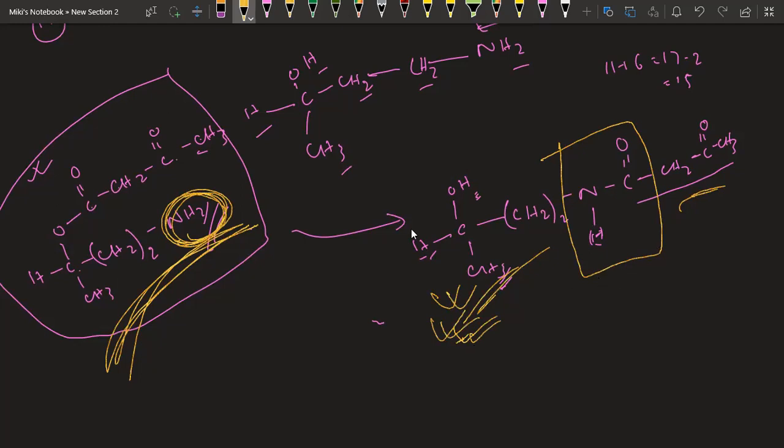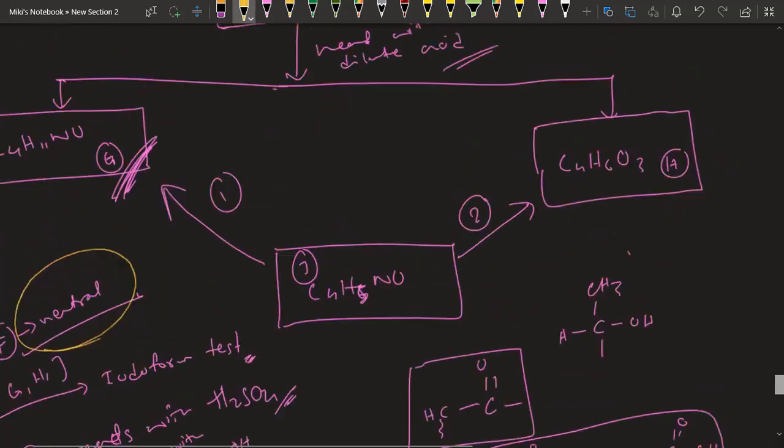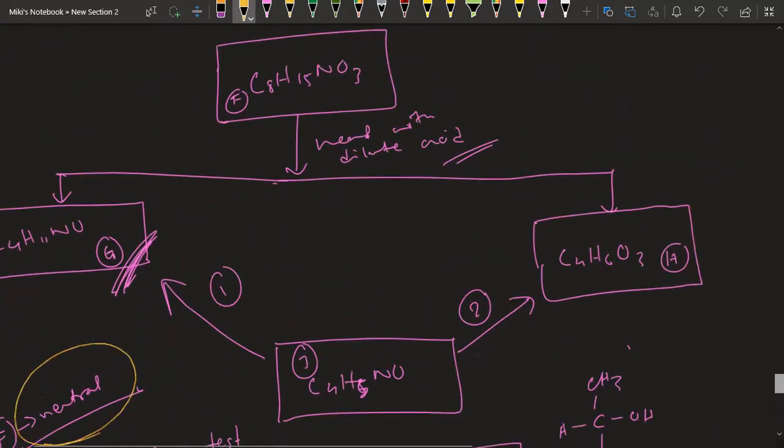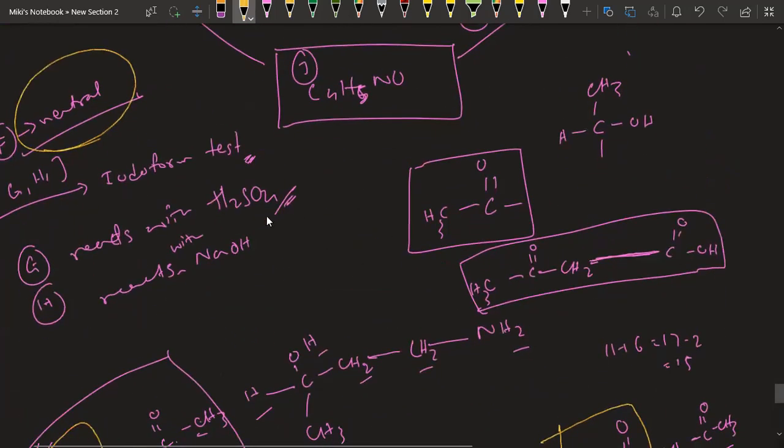F couldn't be this ester linkage, because the amine would be there, and we did apply sodium hydroxide and sulfuric acid there. So that amine would be reacting with H2SO4. But they said F is neutral, so F should be our amide linkage.